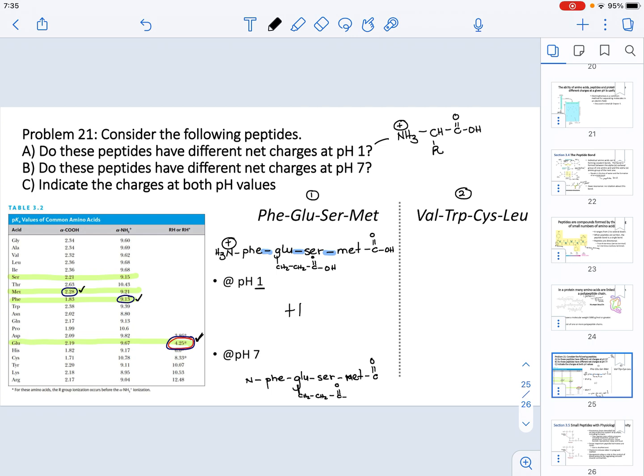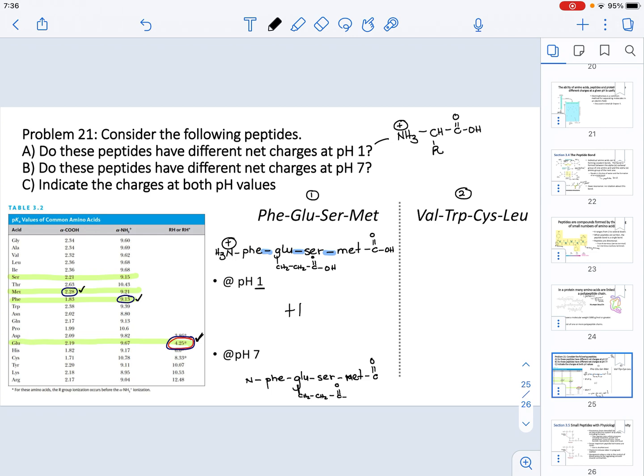Any value that is lower than the pH that I'm at is going to be deprotonated. In the first example, because all the values were above my pH, none of those hydrogens were going to be pulled. Okay?